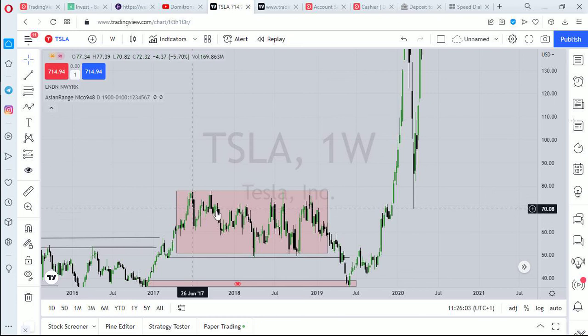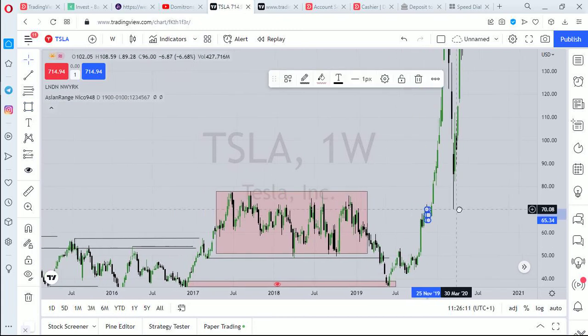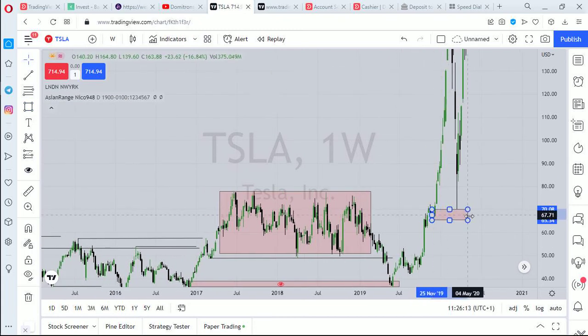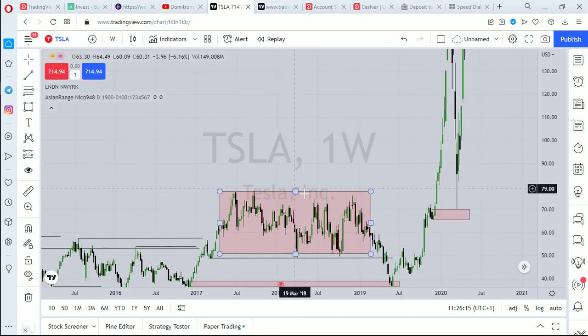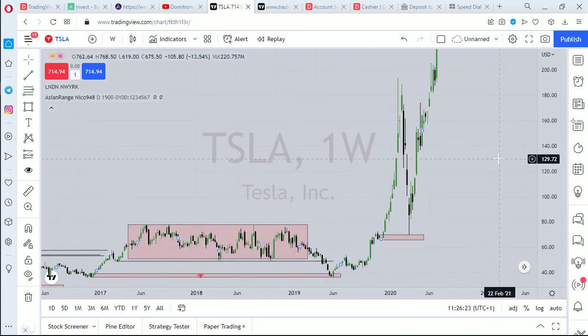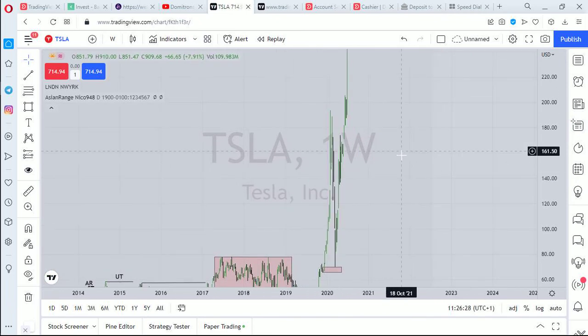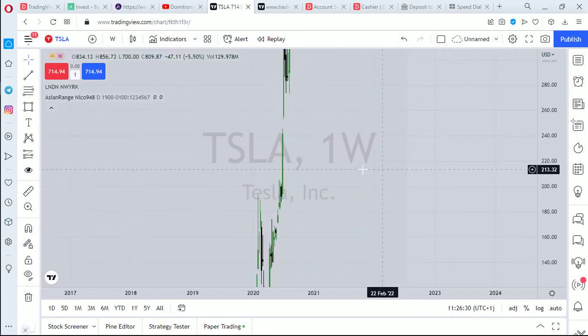And right here, this consolidation was the area of demand that took liquidity, so we see it mitigate that area right there. After that mitigation, it possibly moved higher, and look at that imbalance left behind.